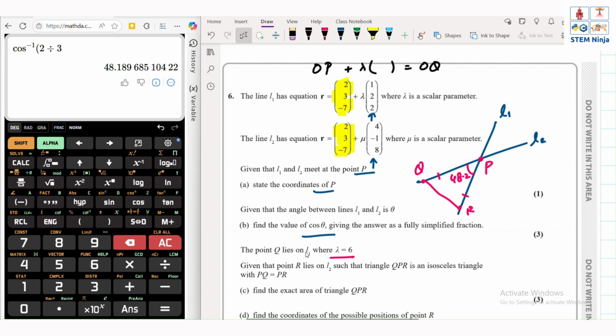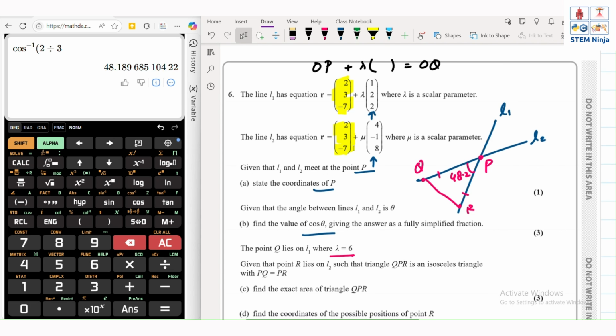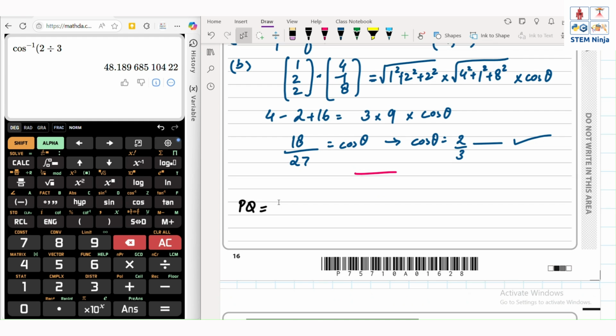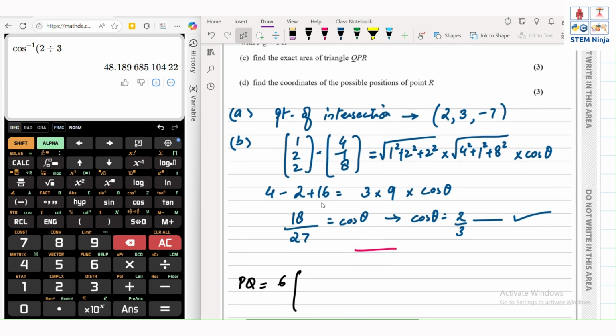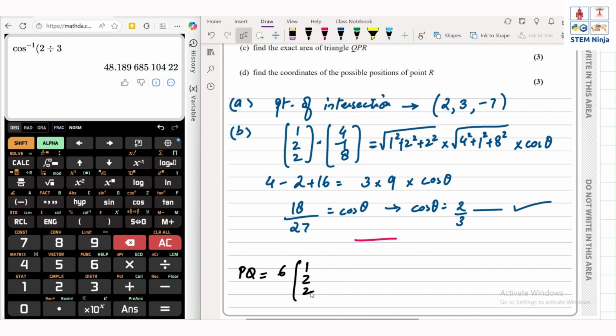They have given us lambda 6. If we simplify that, we get OQ minus OP, which is equal to PQ. So PQ is 6 times (1, 2, 2), so this is (6, 12, 12).